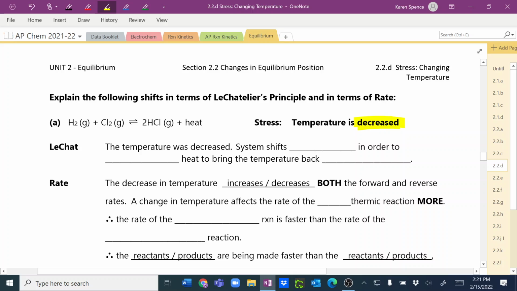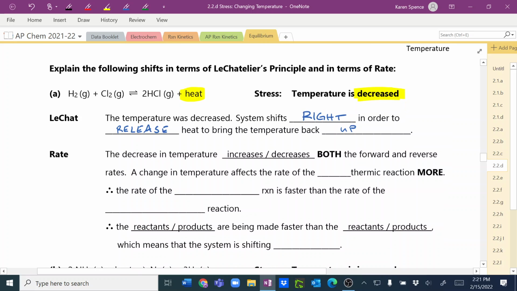This particular one would shift in order to release heat to bring the temperature back up.